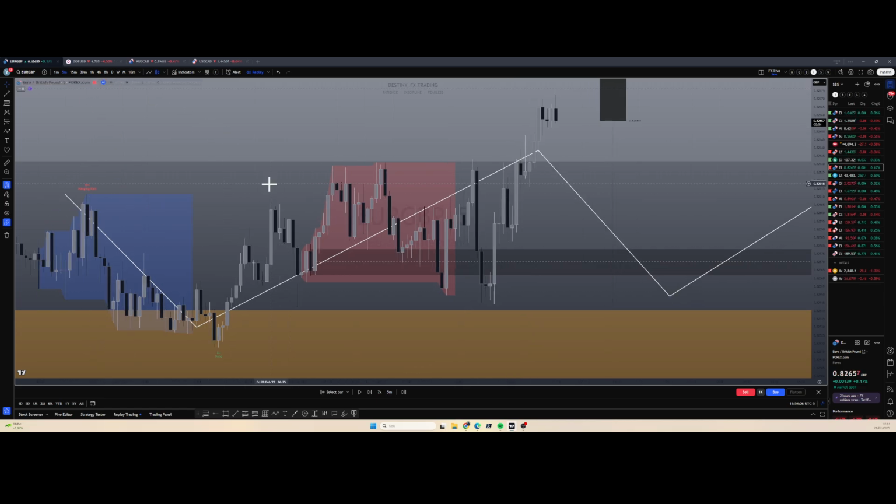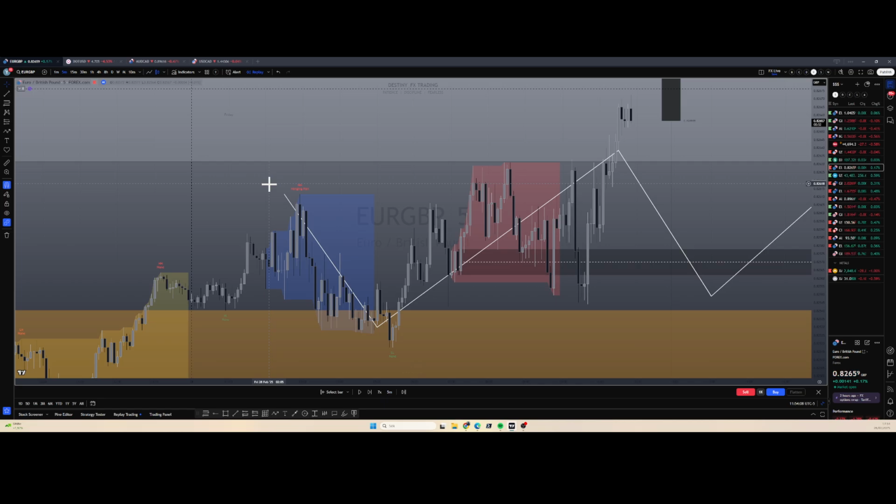So I was like, okay, now this is our signal to look for some shorts, right? But as you can see, price pushed up with some huge volume candles.